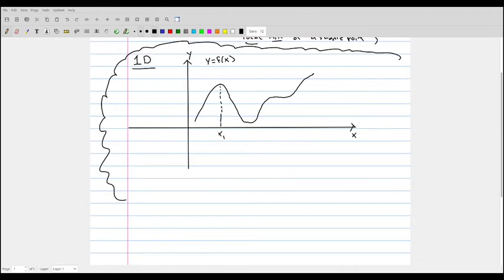So at this point x1, we have a local max of the function. It's a critical point because the slope there is 0. Specifically, it's a critical point of type 1, or f prime being equal to 0.